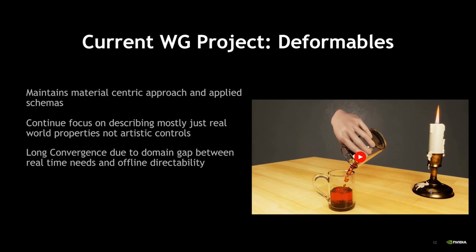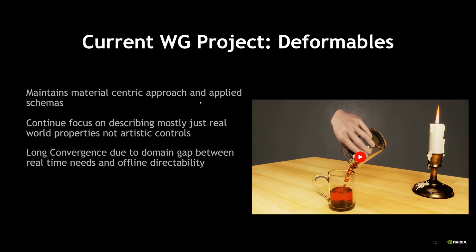Now with the working group, we're starting to discuss deformables, or actually we've been discussing them for a couple of months now. We already have a first proposal. It's still very early, so we're doing a lot of iteration on it, but it's going to maintain this material-centric approach. You can tag a material with deformable properties, and if you apply that material to a deformable object, you can specify Young's modulus and Poisson ratio, that kind of stuff.